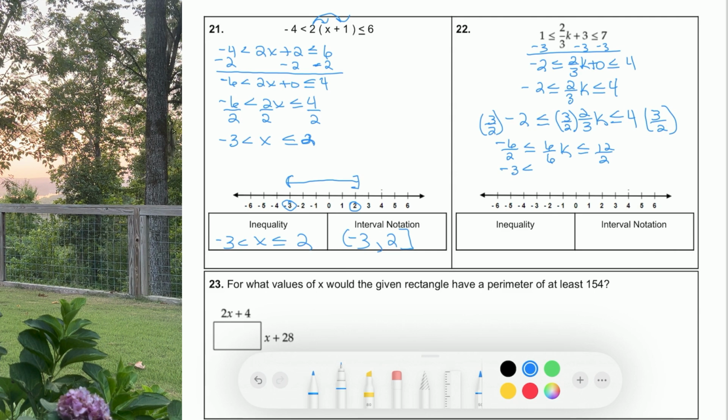That negative 6 over 2 becomes a negative 3, less than or equal to. The 6/6 becomes a 1, so it's just k, and then we have less than or equal to. 12 over 2 becomes 6.